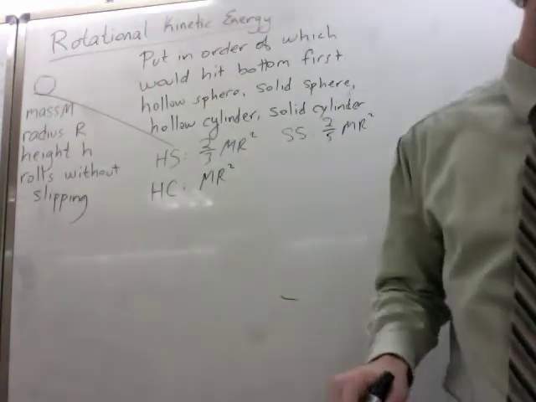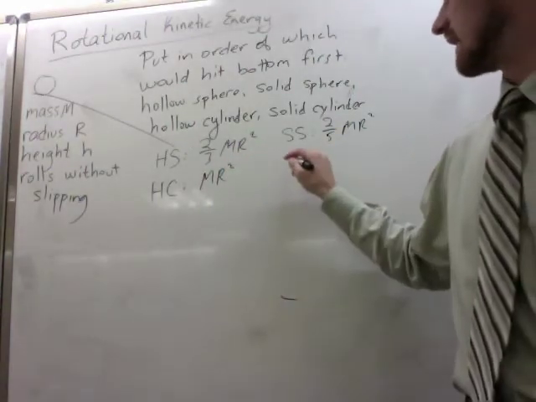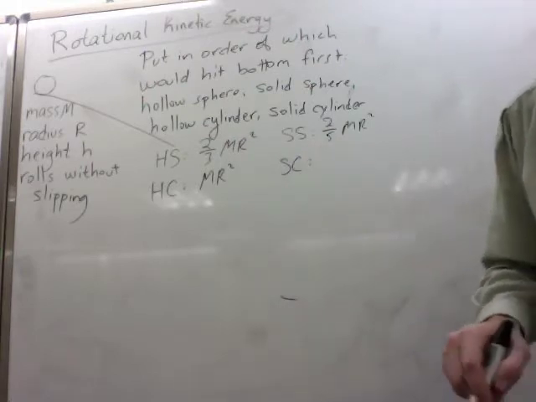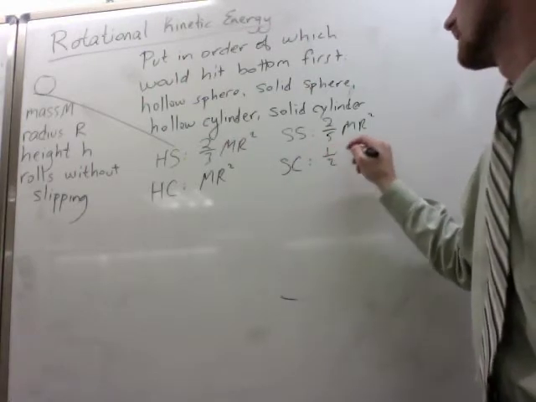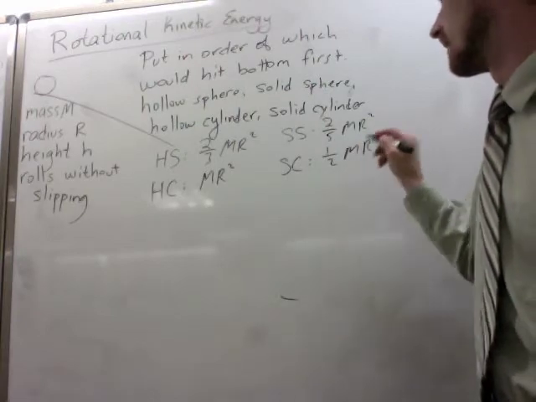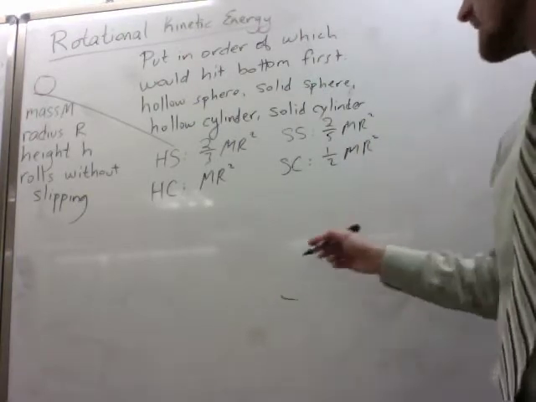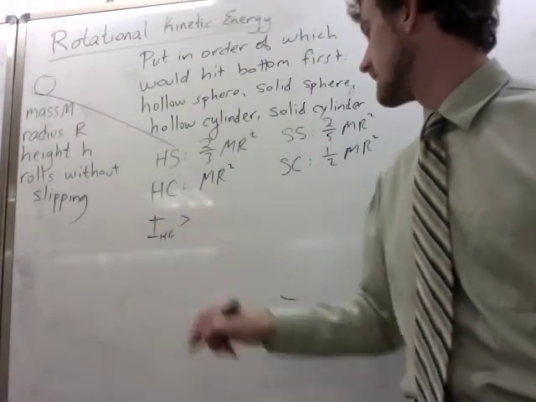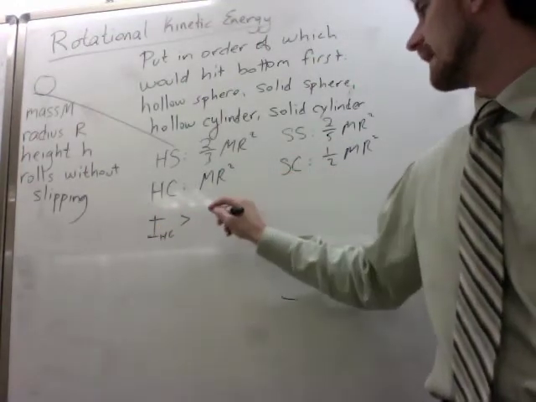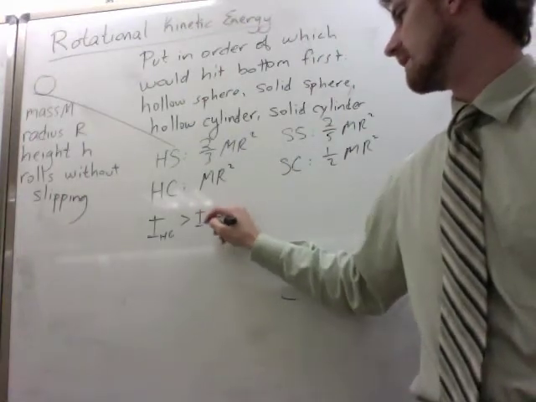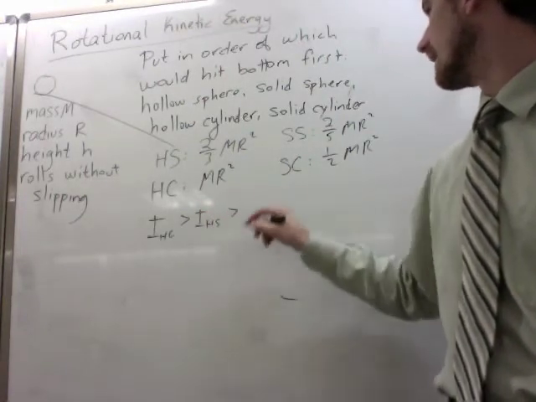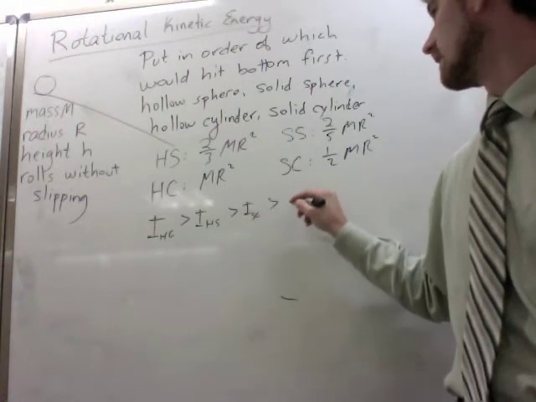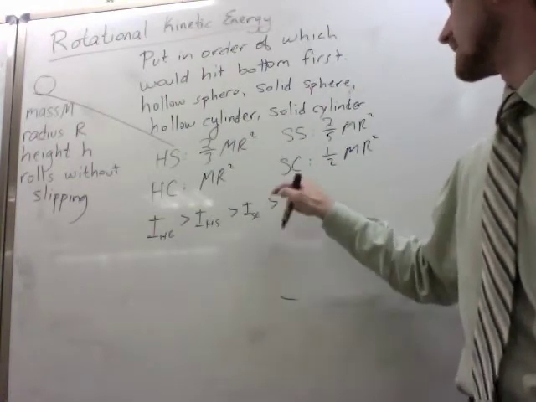The book calls that a cylindrical shell. And a solid cylinder, we have a moment of inertia of 1/2 mr squared. So we can see that the moment of inertia of the hollow cylinder is the greatest, followed by the hollow sphere, and then the solid cylinder, and then the solid sphere.